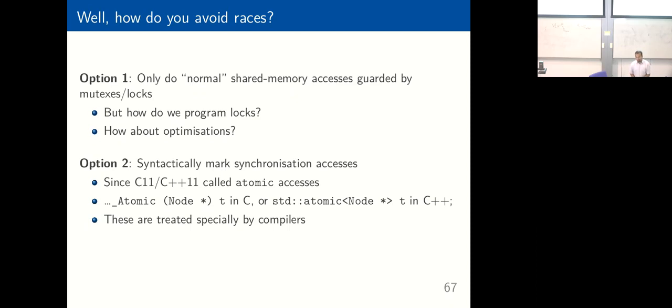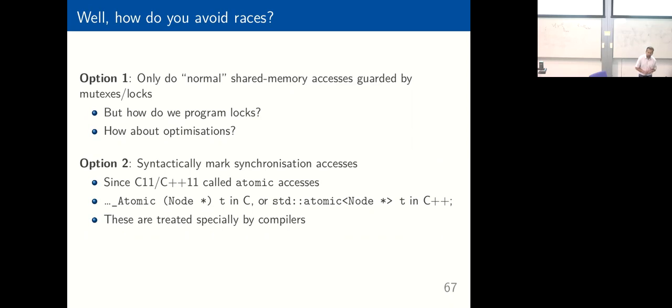So option 2, which is what current C and C++ is steering us towards, is to make a distinction between the normal accesses that you and I write, which they call data accesses, and other shared memory accesses that are specifically intended for use to write synchronization.